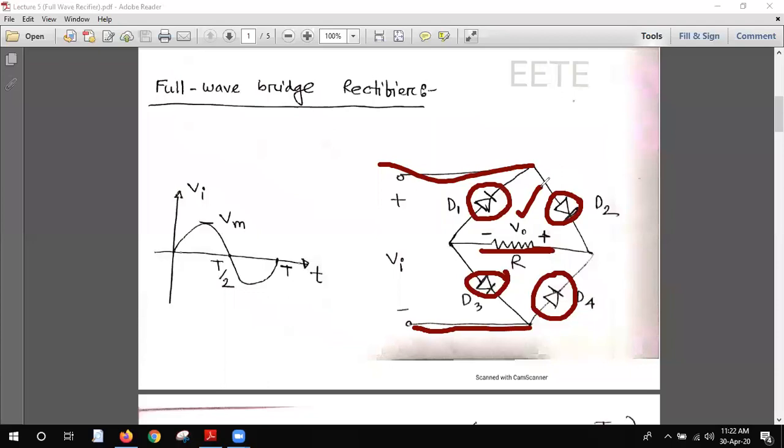The input VI will have both the positive cycle and the negative cycle. So this is the basic full wave bridge rectifier circuit.